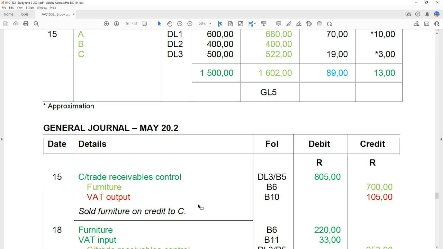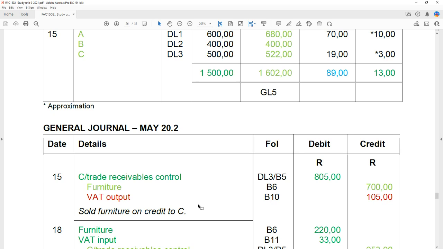It's all the other non-current assets, or assets that we sell that we don't trade in, and we sell them on credit, those will be recorded in our general journal, because only what we trade in, which is sold on credit, will be recorded in our sales journal.